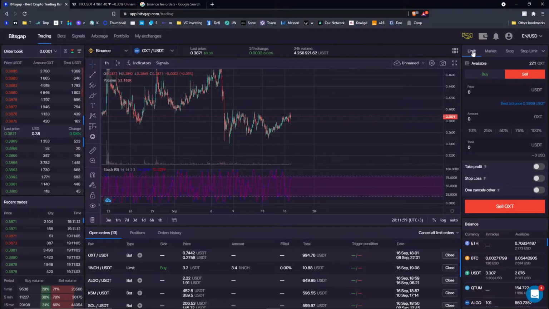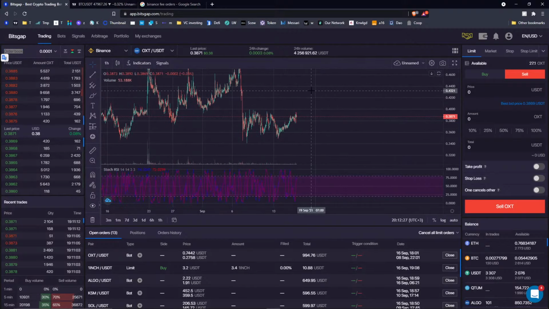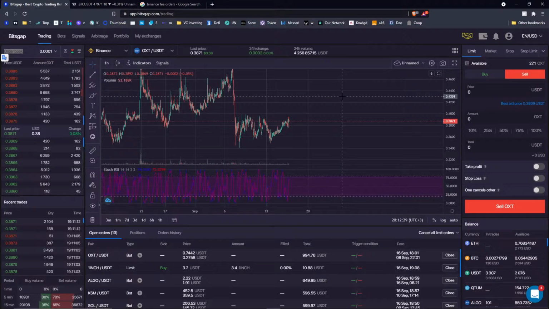Whereas when it comes to limit buy or limit sell order, you are basically a market maker, and that means that as a market maker, your order will be placed in the order book, so it's going to be visible for the rest of the traders or portfolio managers out there on the market. That way people can see what the demand and supply on the market is, and the market becomes more or less transparent. And since you are now the market maker, you pay a lower fee. Sometimes on some exchanges it is even a negative fee, so that means that actually the exchange pays you for that.